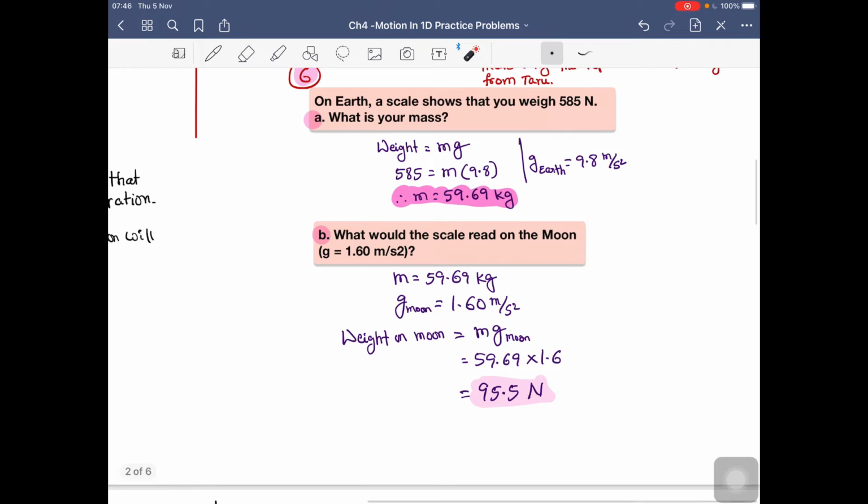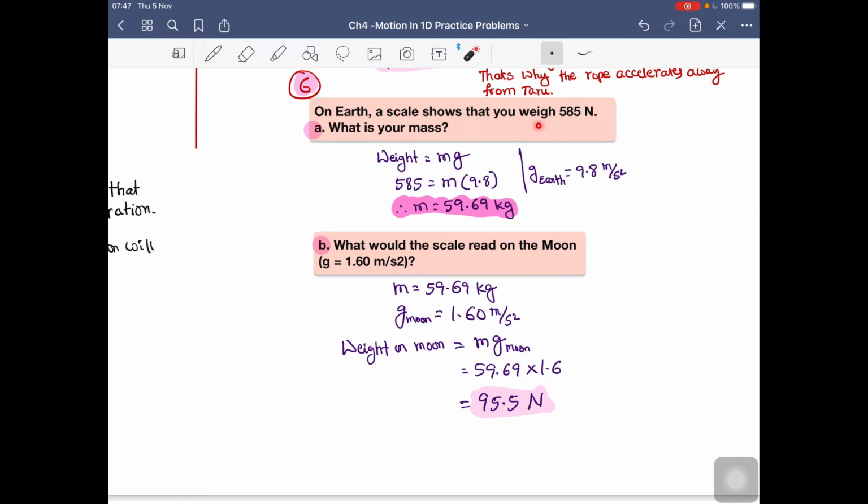Question number 6. Here they gave us the weight on Earth. We have to find the mass. We know the weight equals mass times the gravity, M times 9.8, so you can find the M from there. But with the same mass, if it is on the moon, what will be its weight?